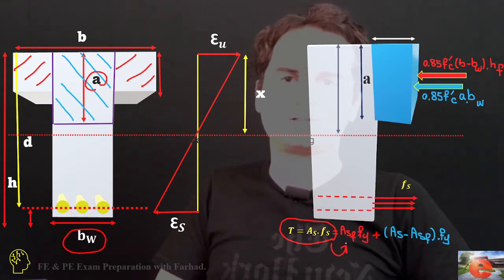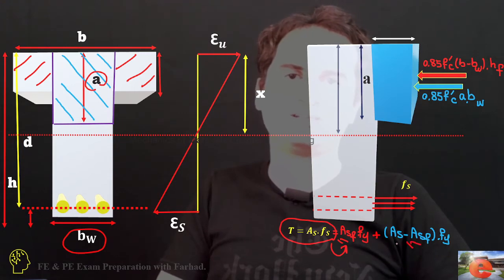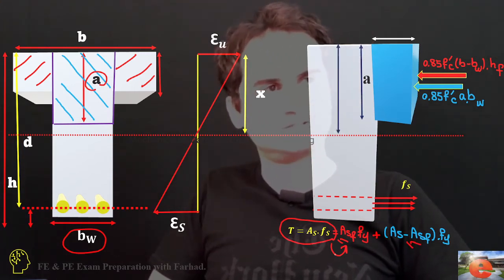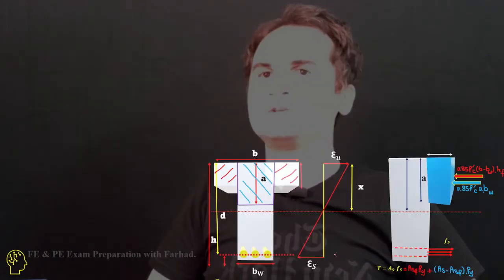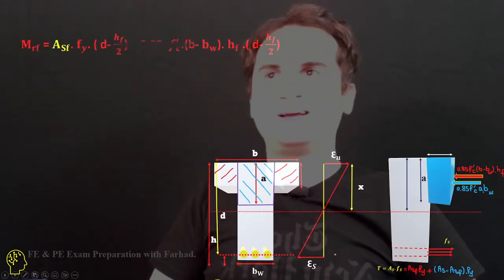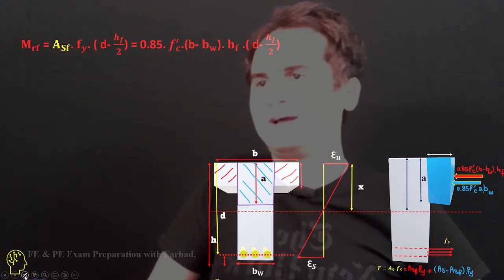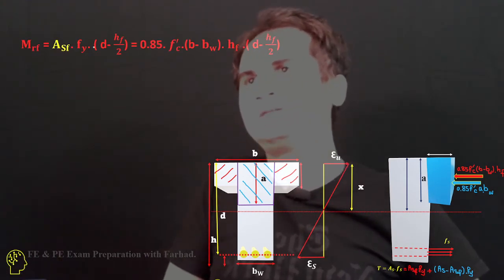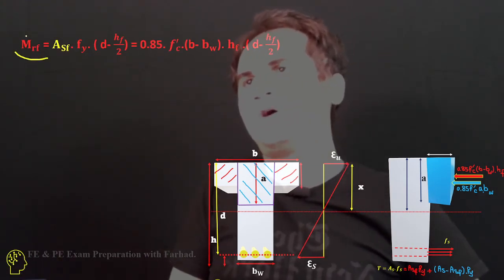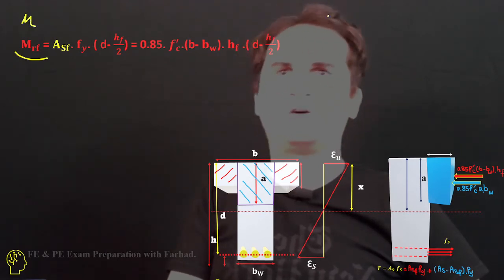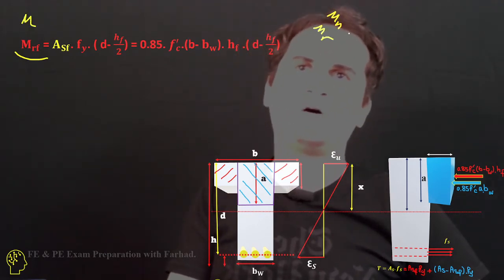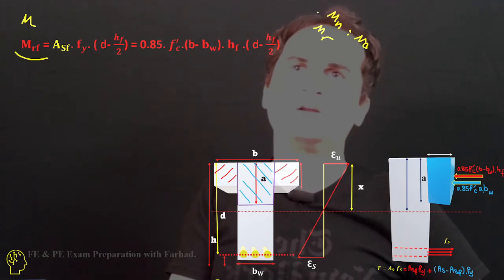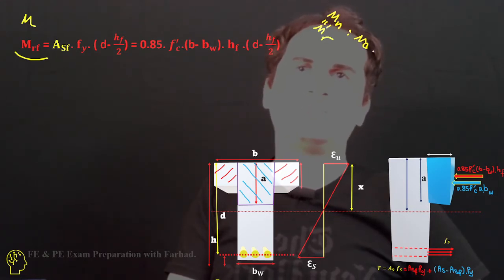Once you consider the flange steel, you need to subtract it from the tensile steel; do not consider it two times. By having that, we can get the moment. MR, also called Mn, is the nominal moment.